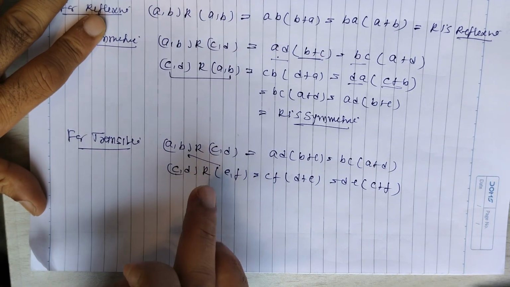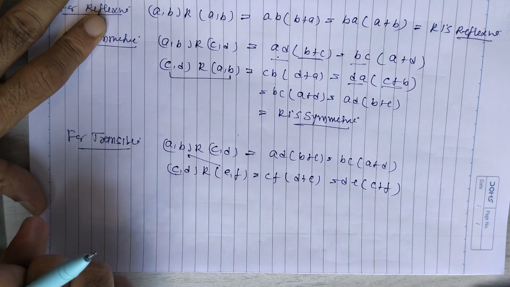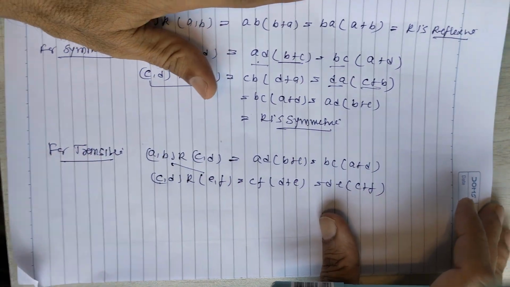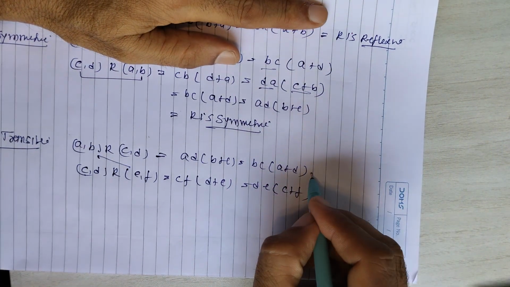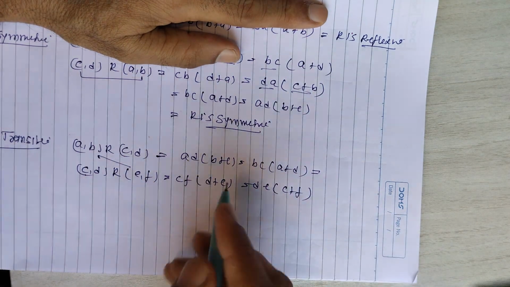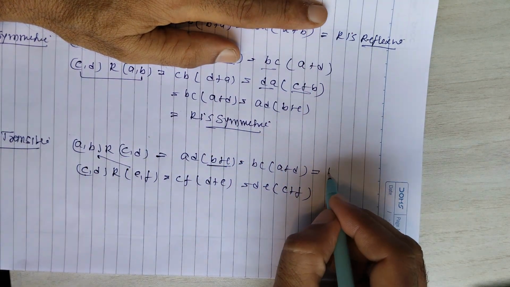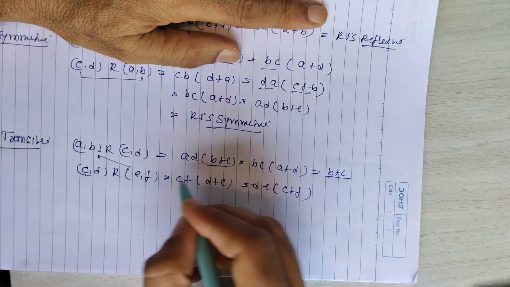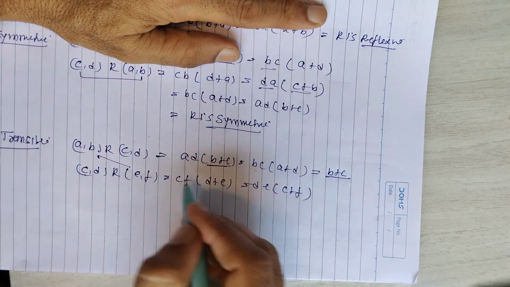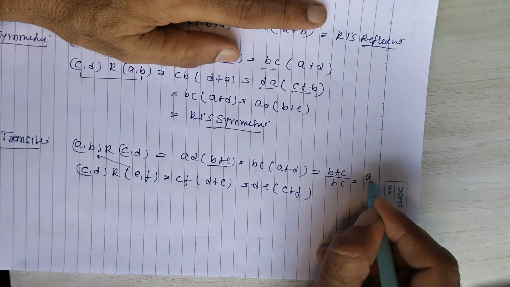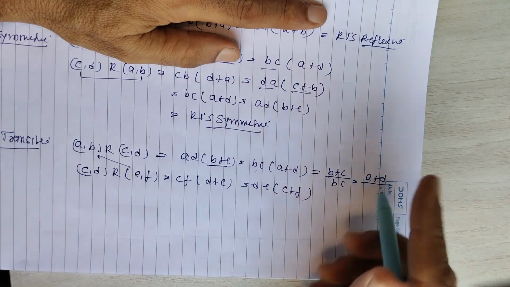So you have to replace C and D. How will you work in this question? This is slightly different, like this. You have B plus C, which is shifted: B plus C over BC. Same, A plus D over AD.